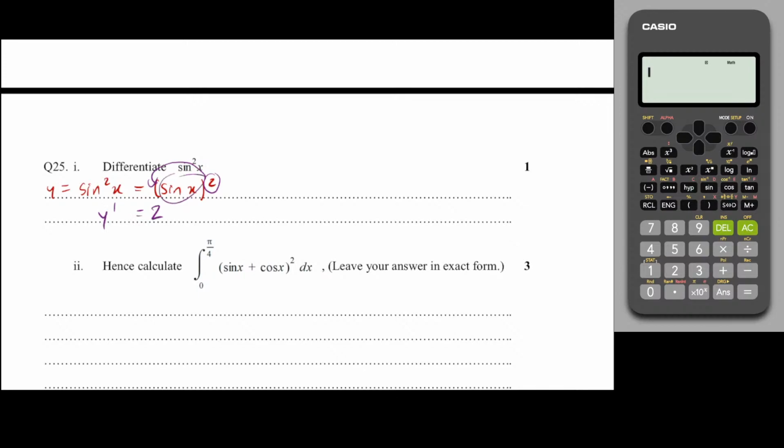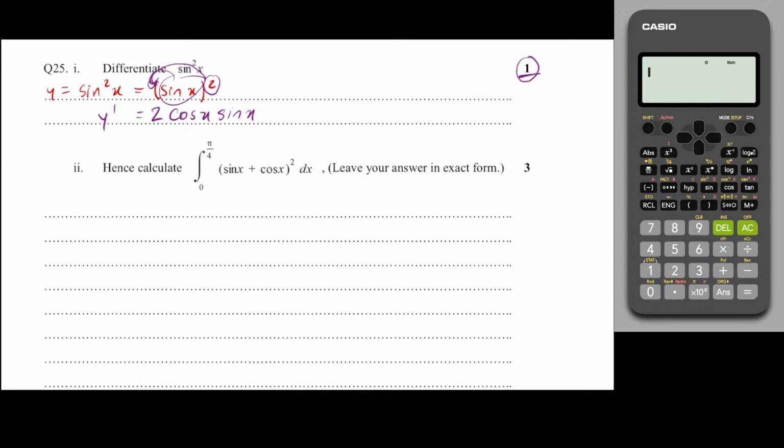The derivative of the inside comes on the outside, so cos x, and then sine x, and then you subtract 1 from the power, so it's just 1. So that's it. It's just 2 cos x sine x. That's all you have to do. And for 1 mark, it should be pretty straightforward.